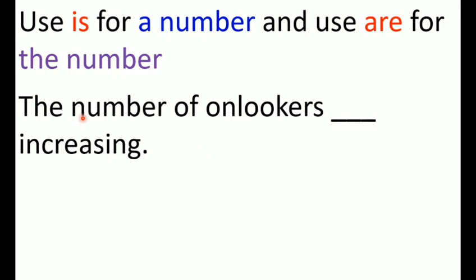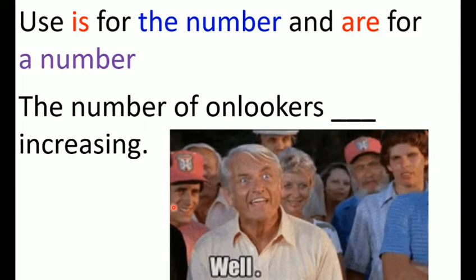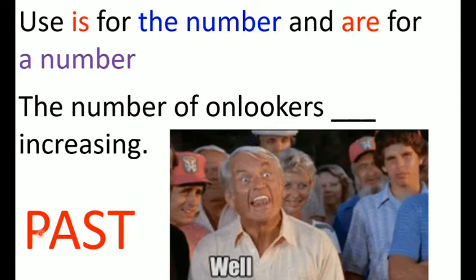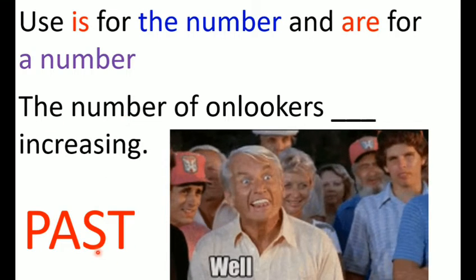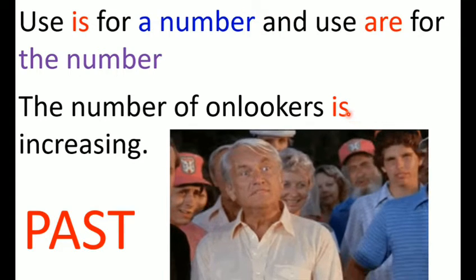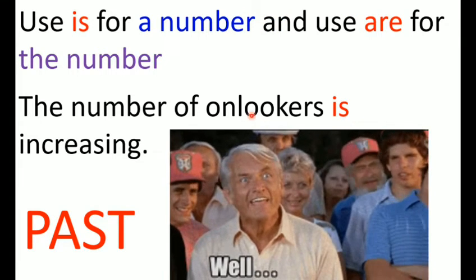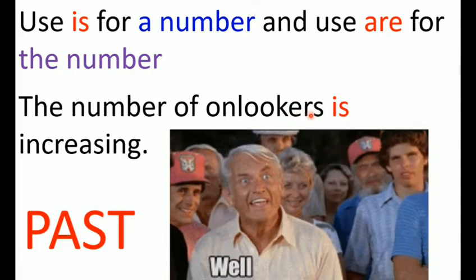Okay. Next, the number of onlookers blank increasing. Okay, kanina a number, dito naman the number. Just remember itong PAST, plural a number. Dito, the number, kaya dito tayo sa singular, the number. Kaya ang ating verb dito ay is. Kahit na rito, ang onlookers ay may s dito. Okay.